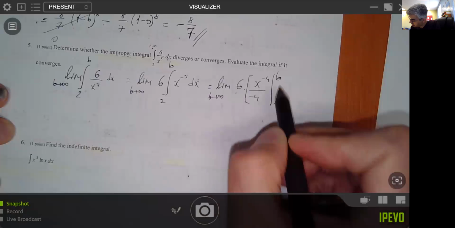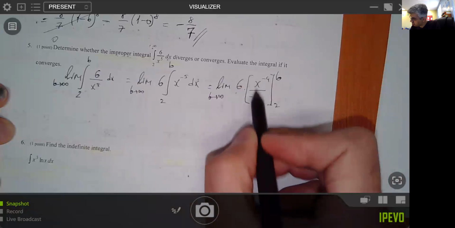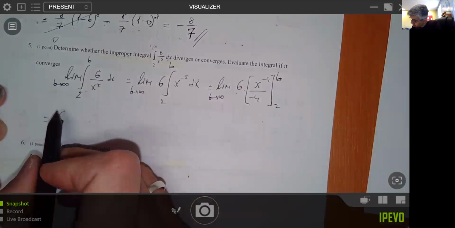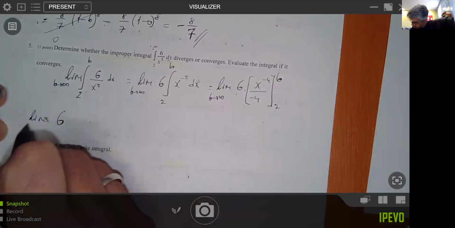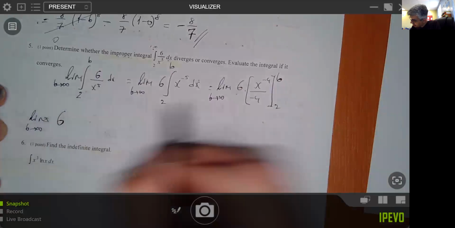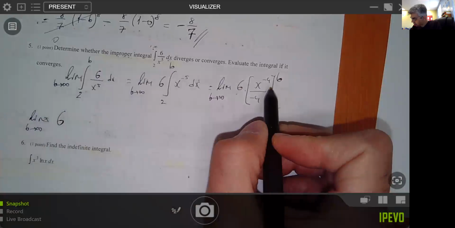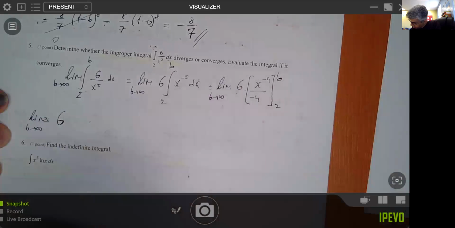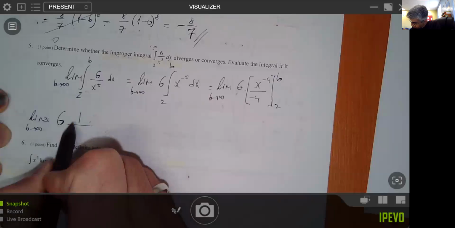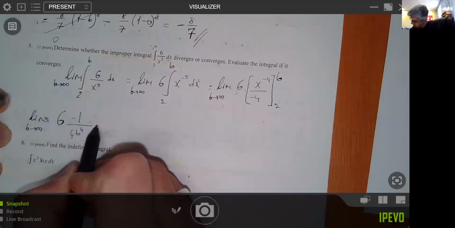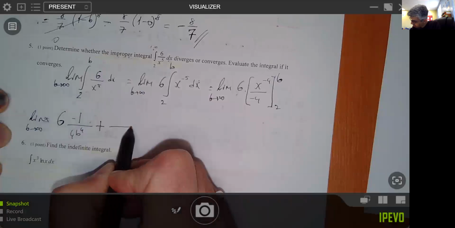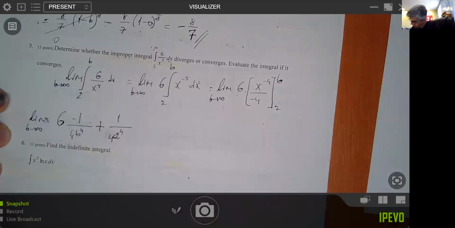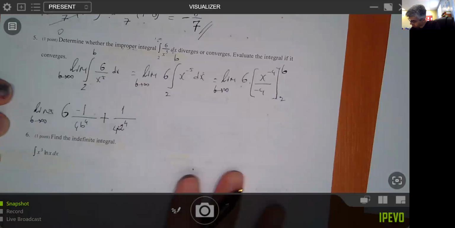So we have 6 times, of course, the limit as b approaches infinity of negative 1 over 4 b to the power of 4, and minus, so I will have plus 1 over 4 times 2 to the power of 4.